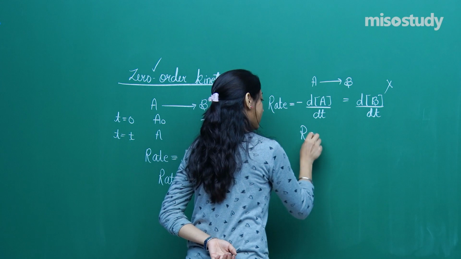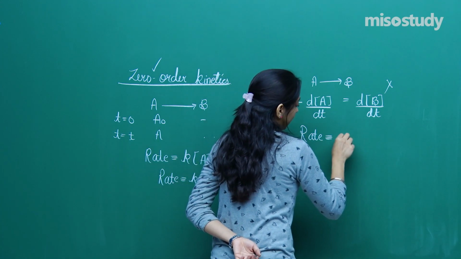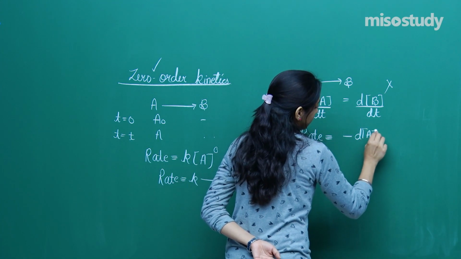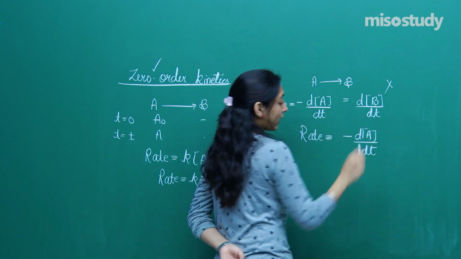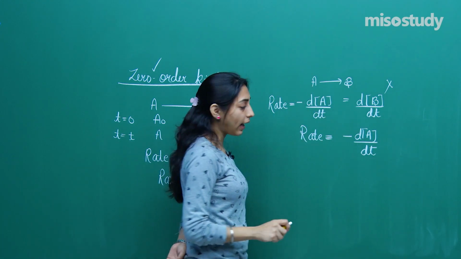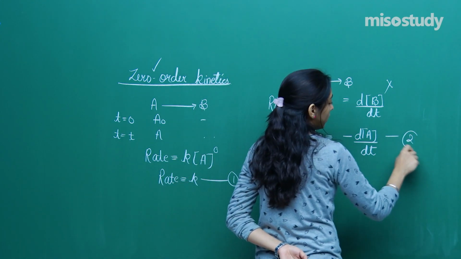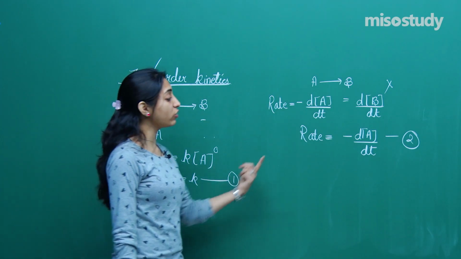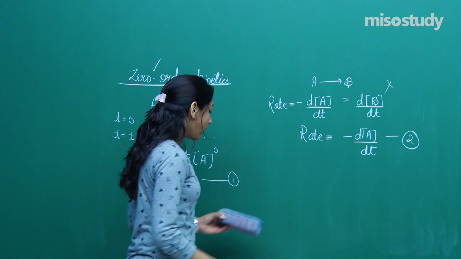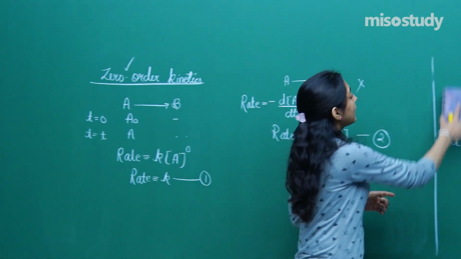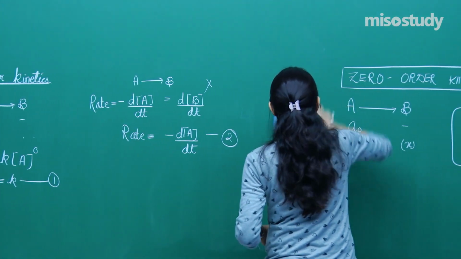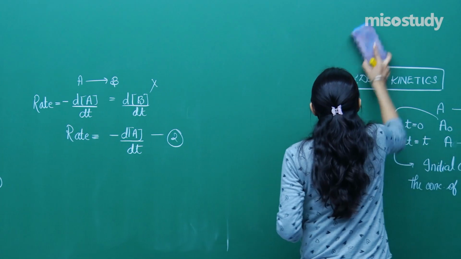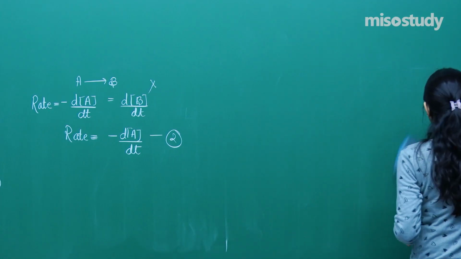So I can say rate is equal to minus dA by dt, right? And this is equation number 2. So see, equation number 1 is telling us about the rate, equation number 2 is also telling us about the rate. So when both equations are telling us about the rate, and that too of the same reaction, I can easily equate both of them.